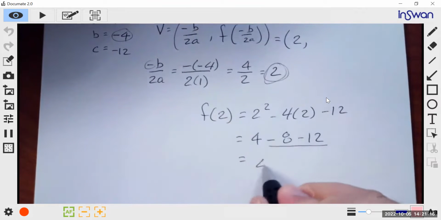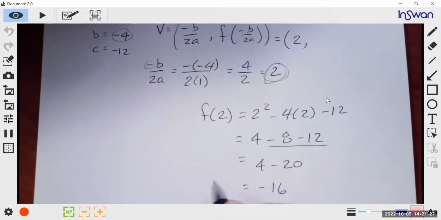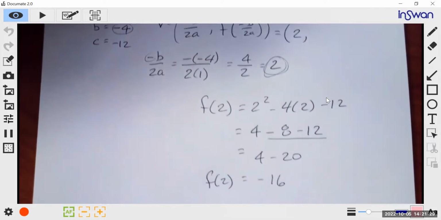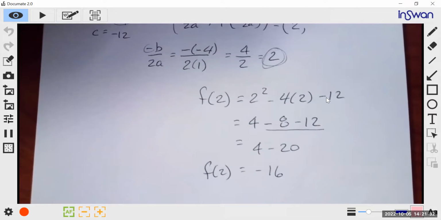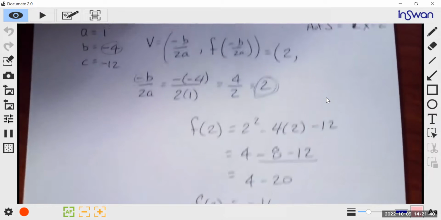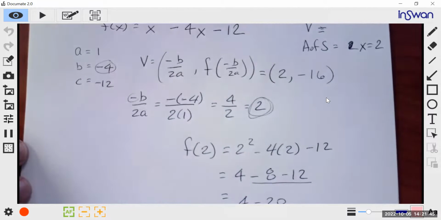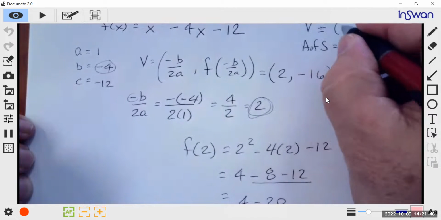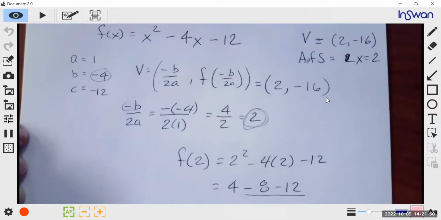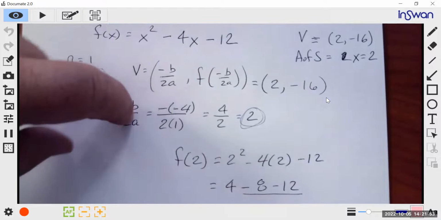Minus 8 minus 12 is minus 20. 20 minus 4 is 16, so it's negative 16. So we know our vertex is at 2, negative 16. That's using the formula method.